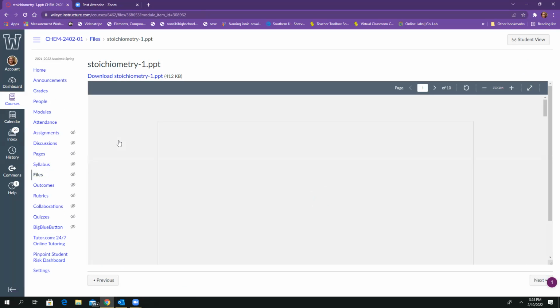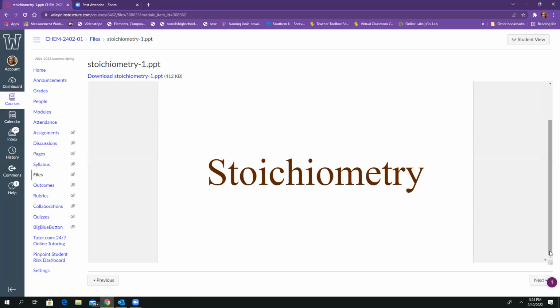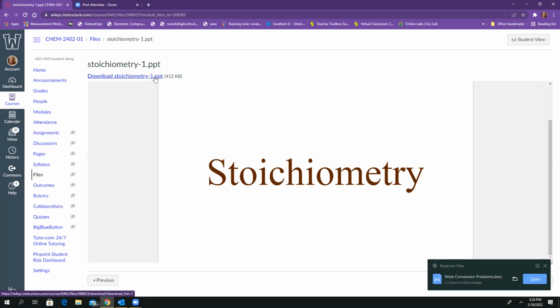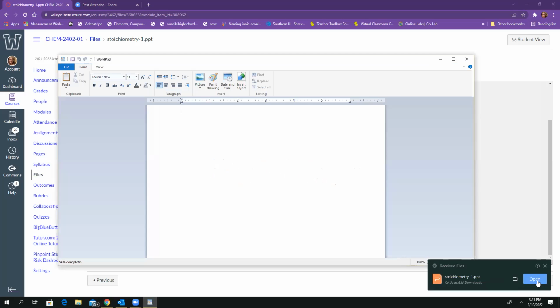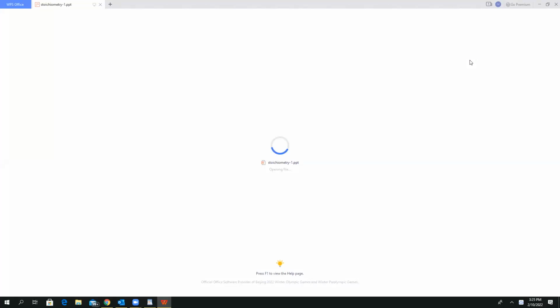And we're going to have a few problems in here that you would want to do. Okay, so I'm going to download it so we can actually use it. This thing opens in Word. I don't know why.